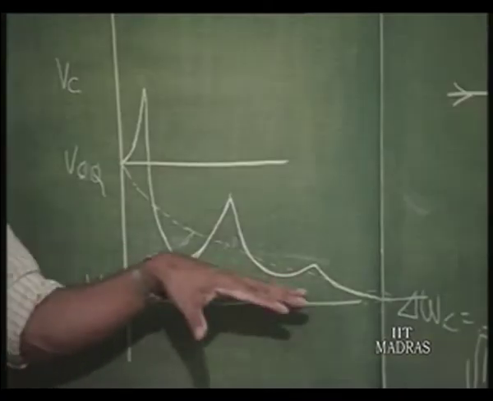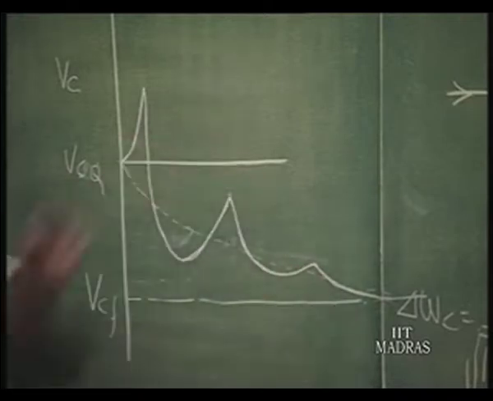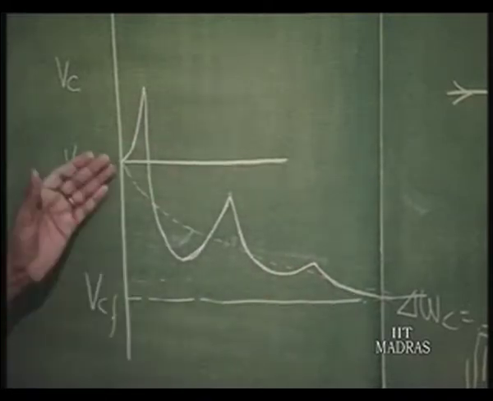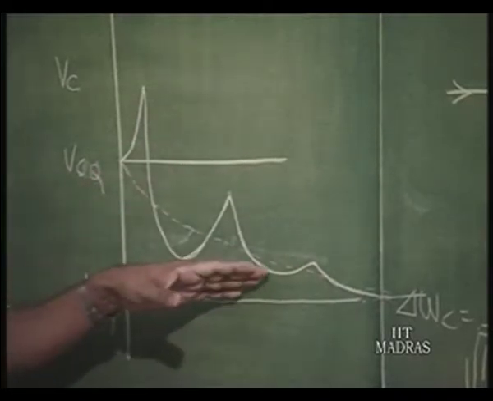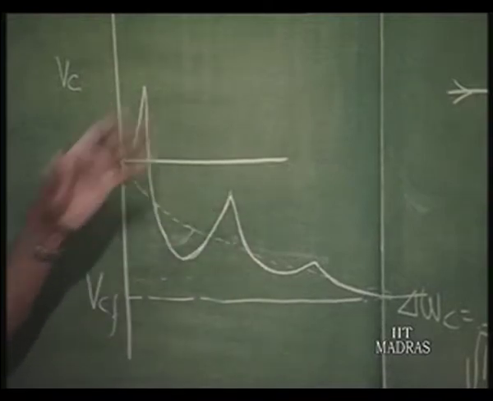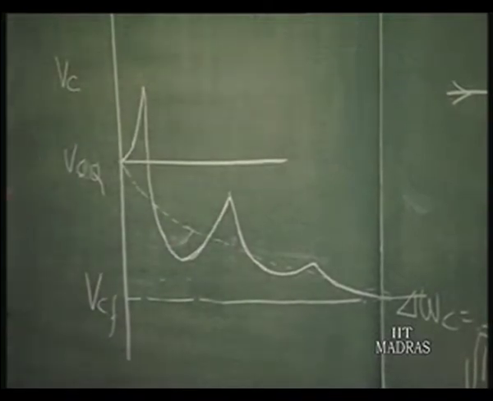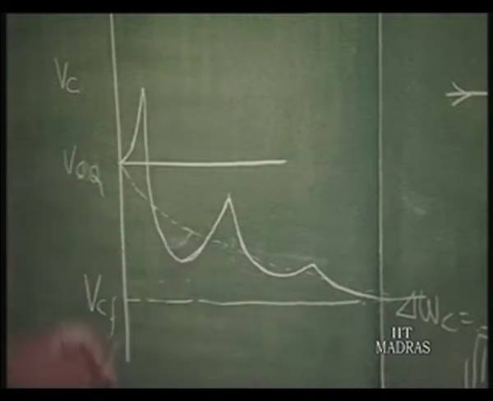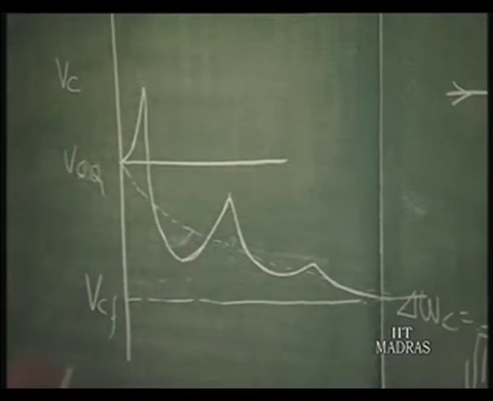Obviously, the time it takes for it to reach depends upon the low pass filter cutoff frequency here. If the low pass filter is a very narrow low pass filter, then it will take a lot of time for it to reach this value.